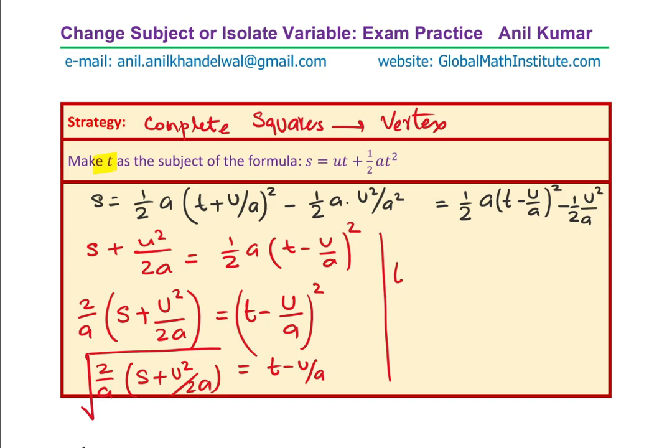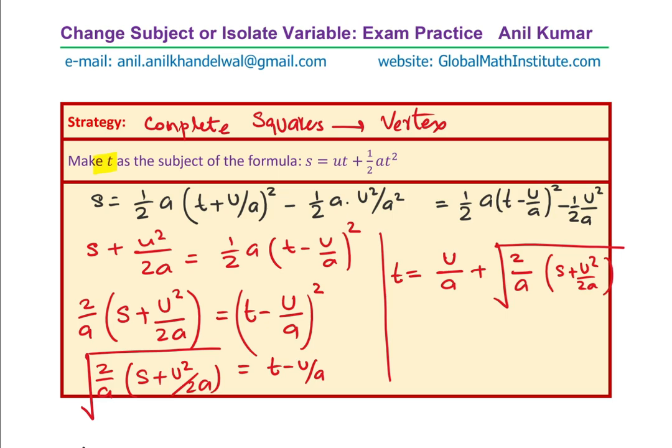So t is equal to, taking u over a to the left hand side, u over a plus, within brackets, 2 over a times s plus u square over 2a.